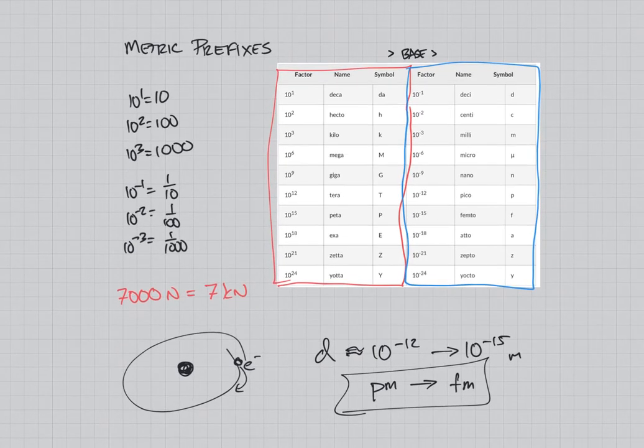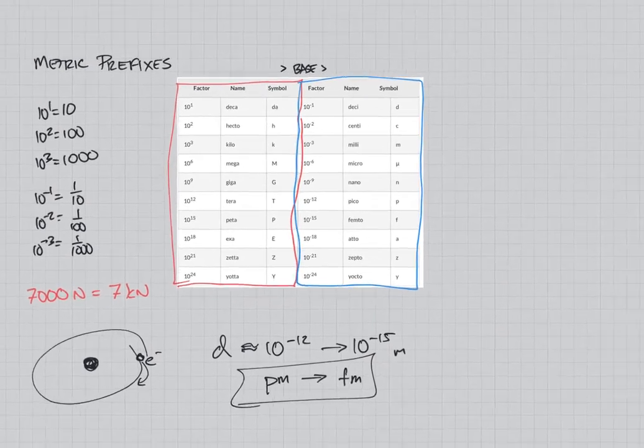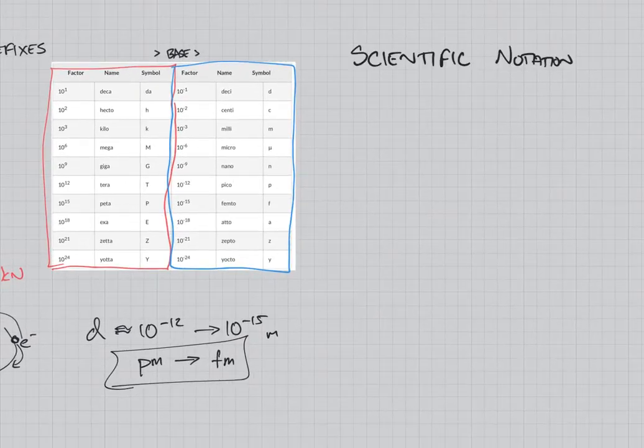Okay, and that's how we're going to designate and really identify the size of things that are different from the base. And to help us with that, we're also going to use scientific notation to help us write out values, especially when values are incredibly large or incredibly small. And the format that we're going to use for that is if we were to have 7.35 watts, we would simply be able to write that as 7.35 times 10 to the 0 watts.